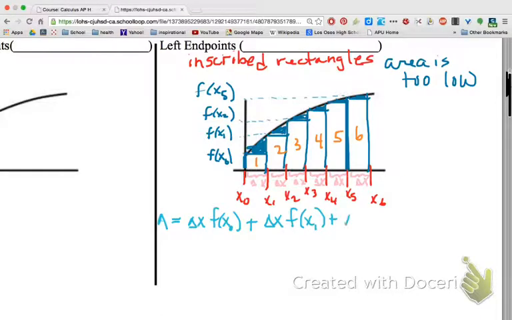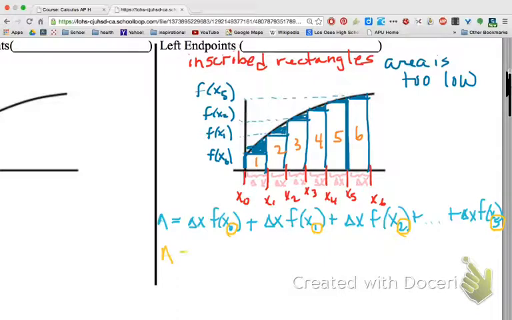For rectangle 3, the width is delta x, the height is f of x sub 2, and all the way up to rectangle 6, whose width is delta x, and the height is f of x sub 5. So this time I notice, again, what's changing? Oh, it's really just this bottom number. Everything else seems to stay the same.